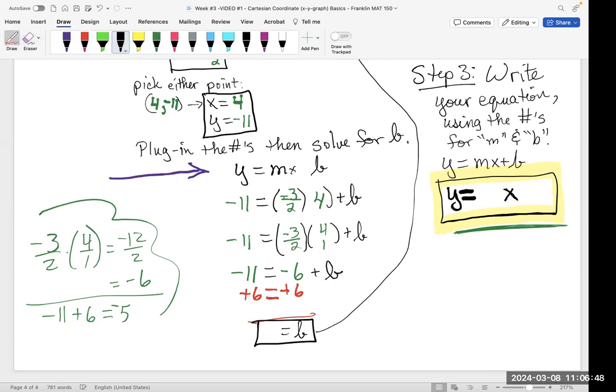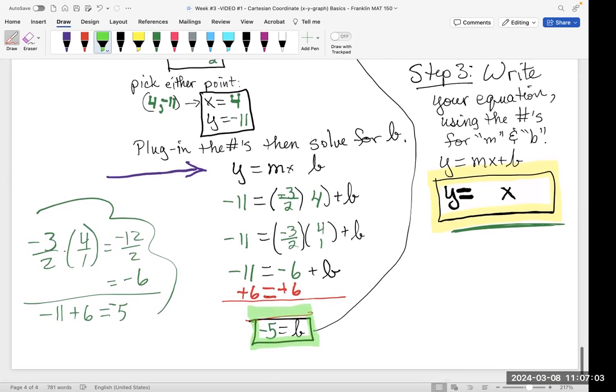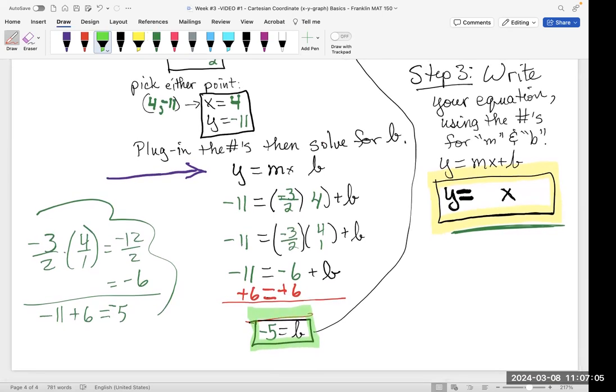I usually use a cursive b so it does not look like the number 6. Now that I have the y-intercept, b, I know that the point 0, -5 is my y-intercept.